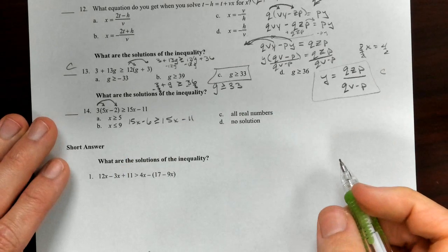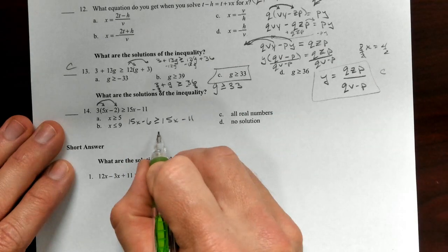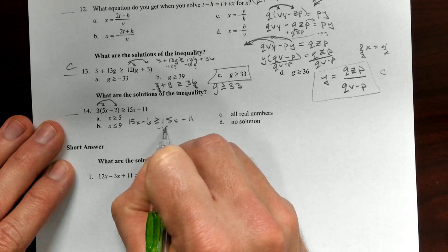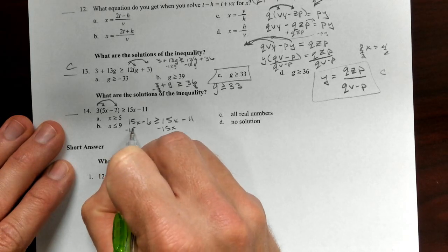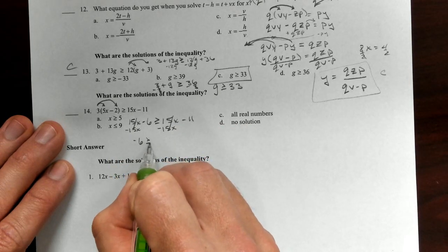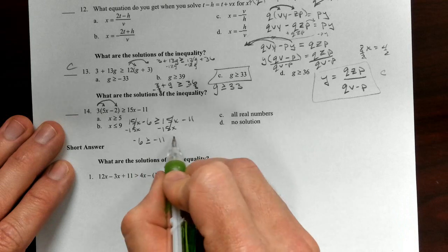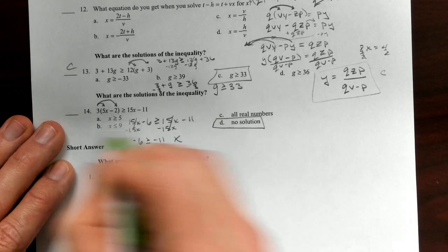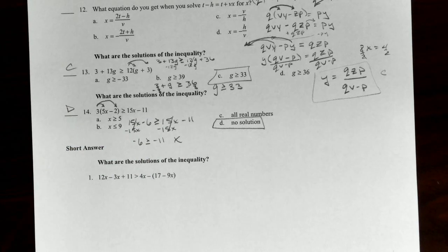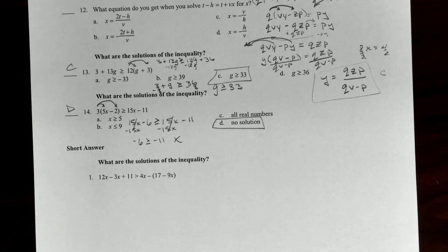Okay. And then you move the variables to one side. So you do minus 15x, minus 15x. And you get negative 6 is greater than or equal to negative 11, so it's no solution. So my variables canceled out, and again, that's a false statement.